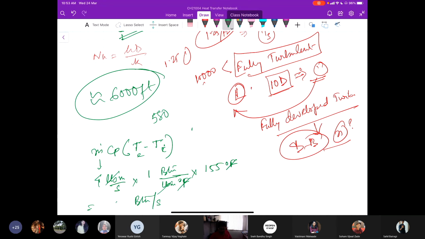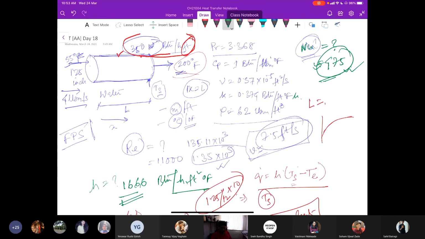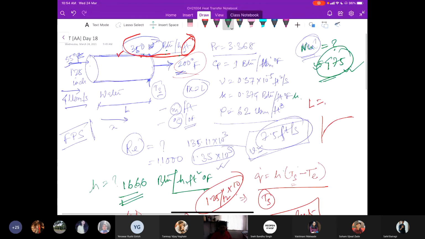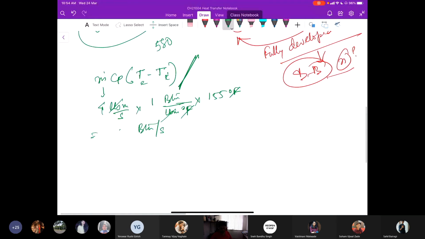But then you are dividing this with a constant surface heat flux, which has a unit of 350 BTU per hour per foot. So either you convert this to BTU per second per foot, or you convert this to BTU per hour in the next step.